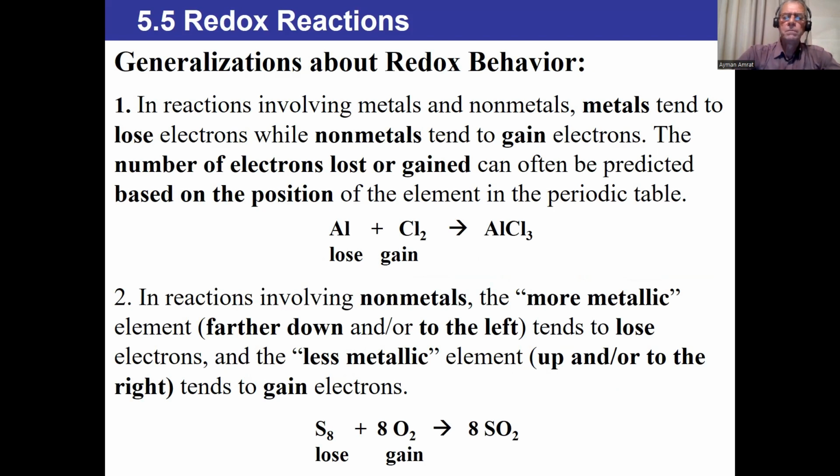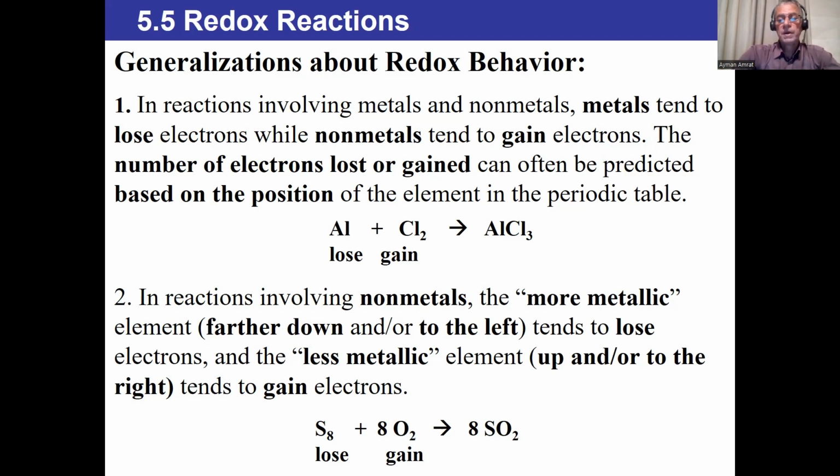For example, aluminum, an element of group 3A, tends to lose 3 electrons to form Al3+, while chlorine, an element of group 7A, tends to gain 1 electron to form Cl minus. The product has Al3+ and Cl minus, and to be neutral, the formula should be AlCl3.